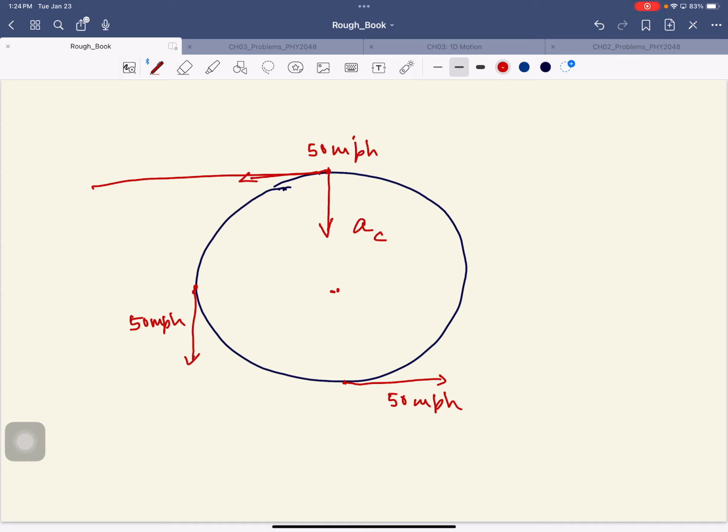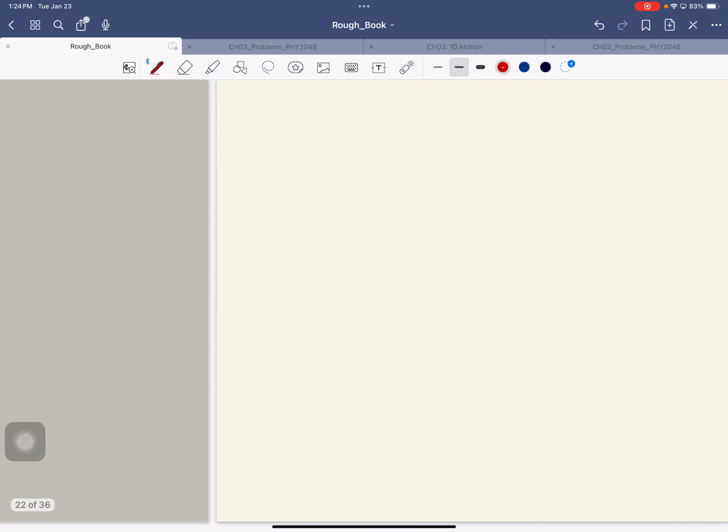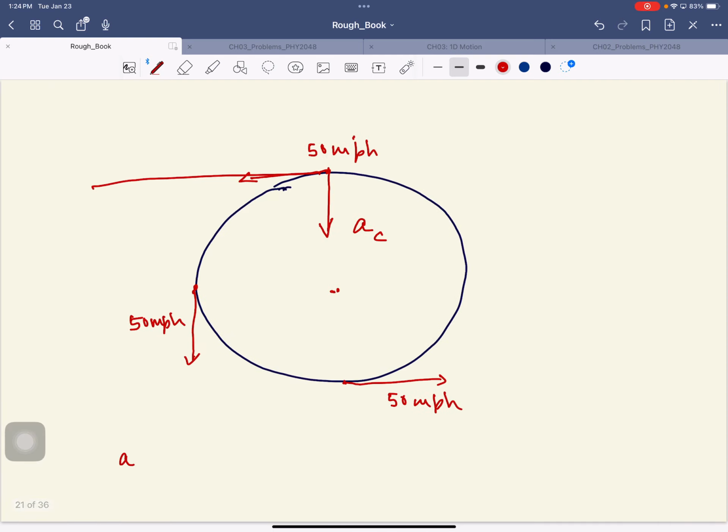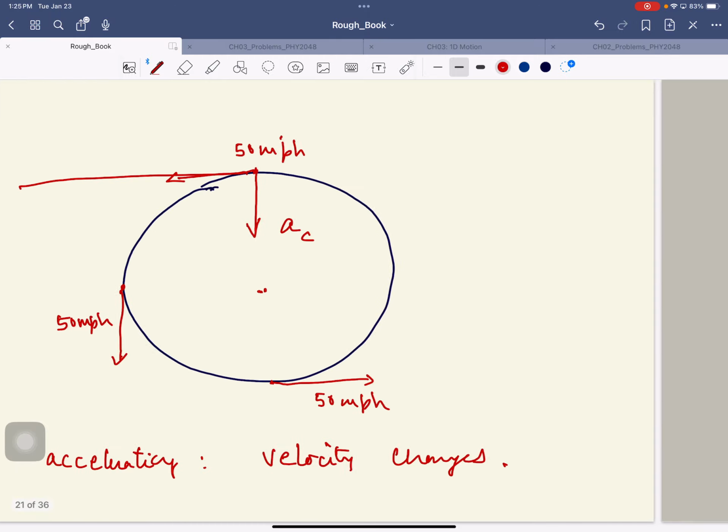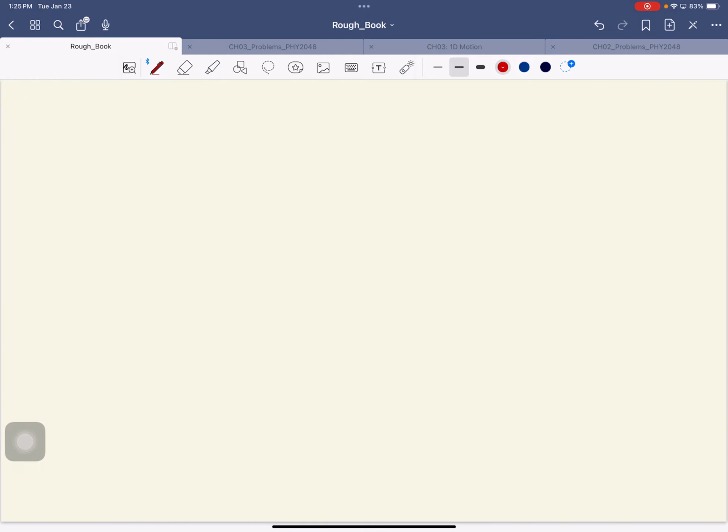Okay? All right, so we'll keep it simple. When are you accelerating? Whenever velocity changes, you're accelerating. How can velocity change? The magnitude of the velocity can change.